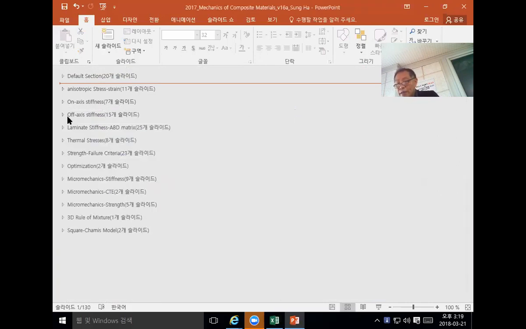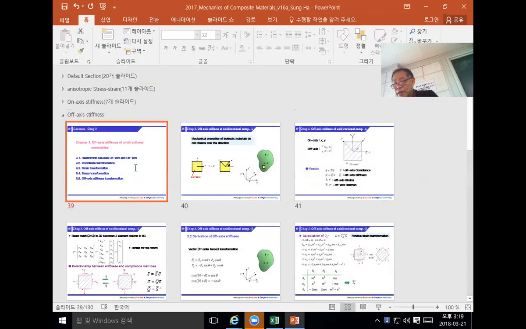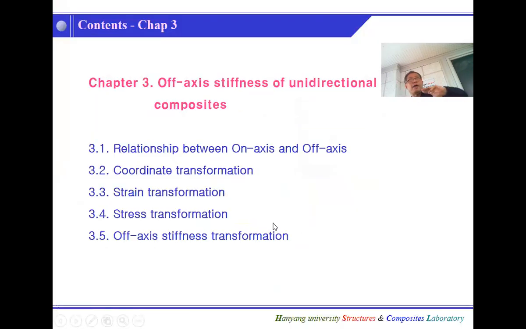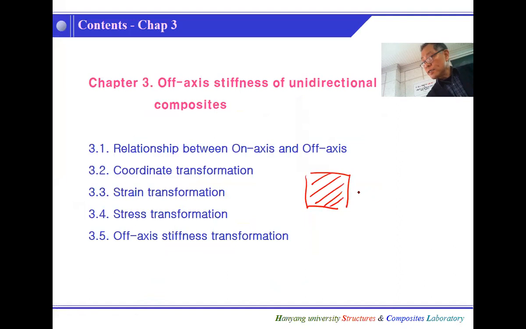And off-axis. Now, what is off-axis? Off-axis is the axis rotated by a certain angle with respect to on-axis. In other words, the purpose of this chapter is that now the fiber is at a certain angle. The axis is like this.